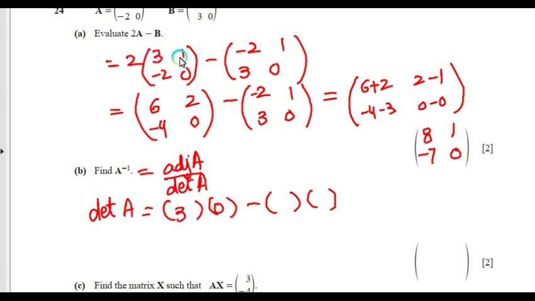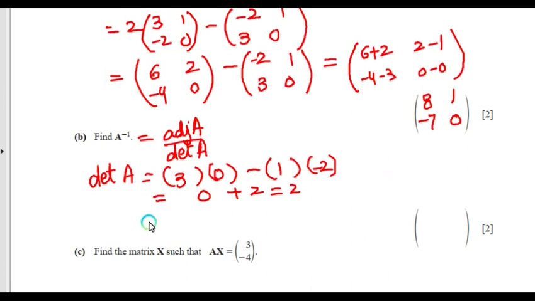Okay, so the inverse of A is actually equal to the adjoint of A over the determinant of A, right? So first of all, finding the determinant of A. The determinant of A will be the product of the first diagonal minus the product of the second diagonal entries, right? So the first diagonal is 3 into 0, right?